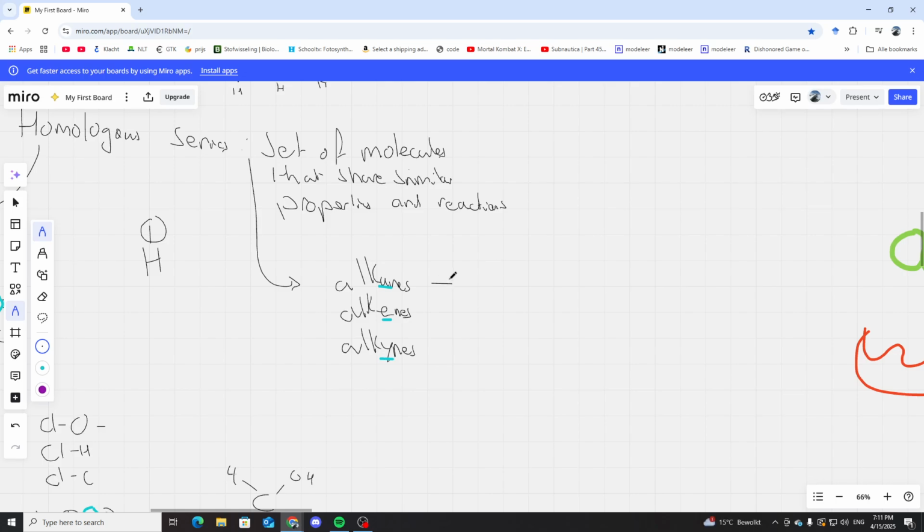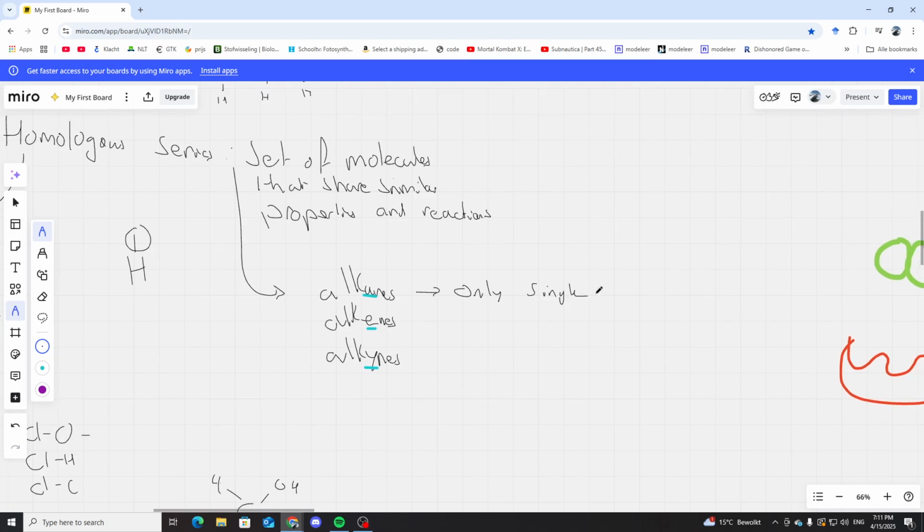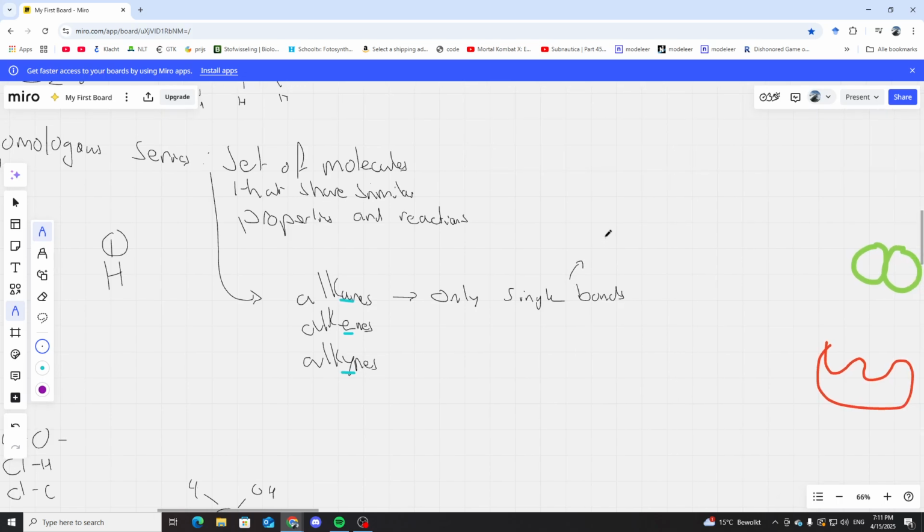An alkane only has single bonds. So only single bonds in a hydrocarbon. So for example, this would be an alkane, because it only has single bonds over here. There's not a single double bond in sight, and that means that it is an alkane.